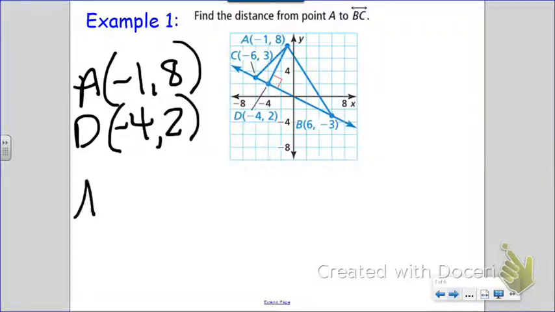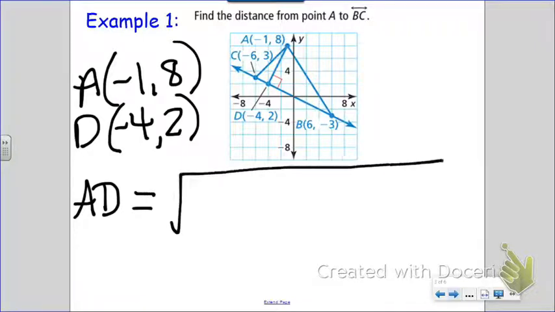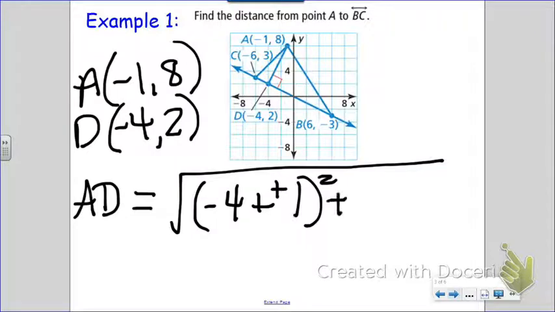So I'm going to find the length from A to D. We'll set up our distance formula. We're going to take x2 minus x1, -4 minus -1, which becomes -3 squared, plus y2 minus y1, 2 minus 8 squared.